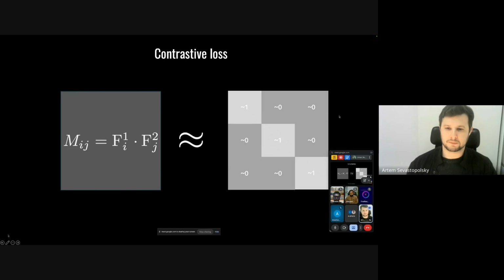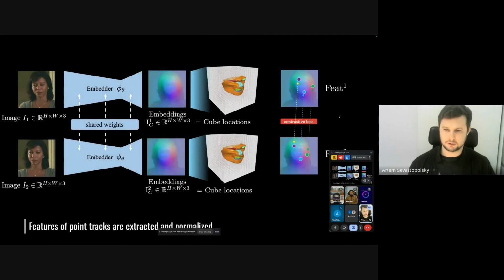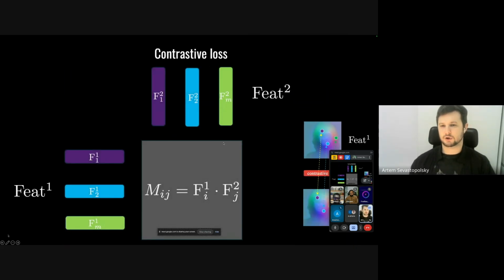And one technicality about this contrastive loss is that it's very hard to optimize for three-dimensional embeddings. If you look back here, the embeddings we have, these vectors stored in every pixel, are three-dimensional. This means that when we calculate the dot product in the contrastive loss, the dot product in three-dimensional space corresponds to the angle between vectors, right?